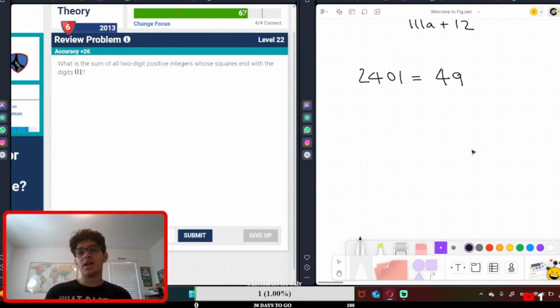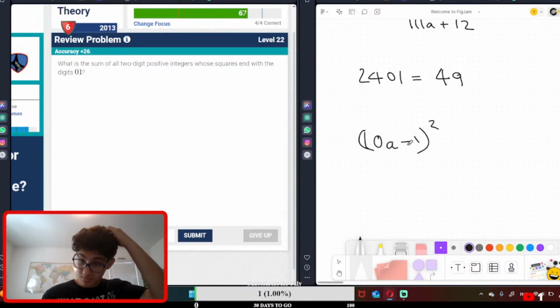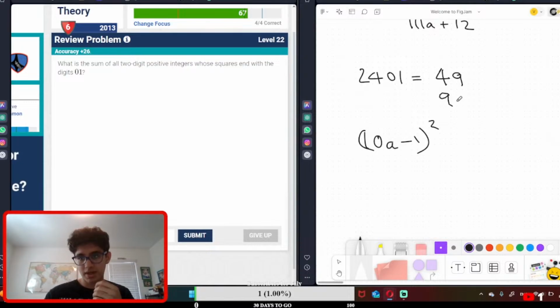But 11, 21, 31, 41, 51, 61, none of them will end in 01. If it ends in a 9, 39 is going to be, well, what will it be? It'll basically be 10a minus 1 whole squared, right? And so the only way this will work, oh, 99 will work because 99 is 98 over 1.